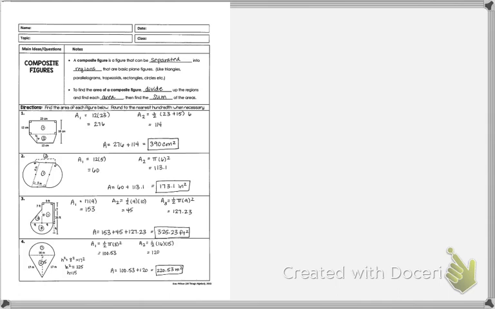So 11.3, we're still going to use formulas, but now we're using what's called composite figures. The definition talks about a figure that's separated into regions that are basic figures, the ones we've been dealing with: rectangles, triangles, parallelograms, trapezoids, circles, half circles.